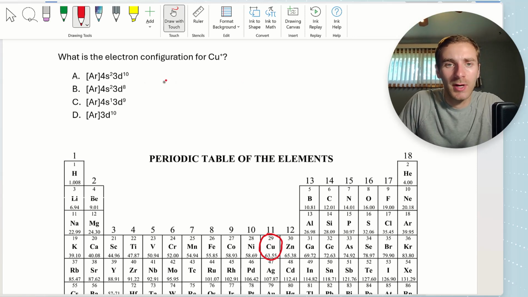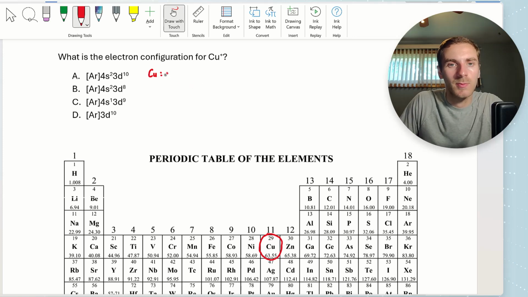If we just started by writing out the full electron configuration for regular copper, it would be 1s2, 2s2, 2p6, 3s2, 3p6, 4s2, and then 3d9.